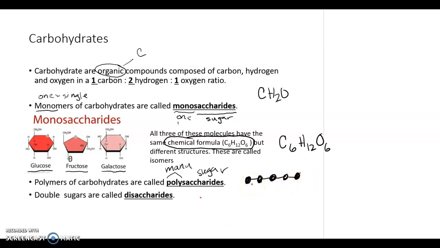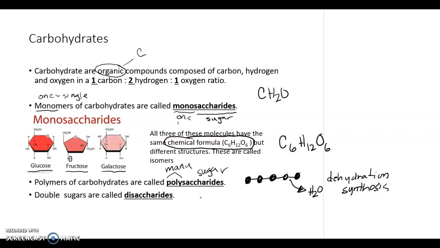So that would be a polysaccharide. Remember, every time we bond 2 monomers together, we have to remove a water molecule, and that is known as dehydration and synthesis, because we're putting 2 things together. So a dehydration synthesis reaction.